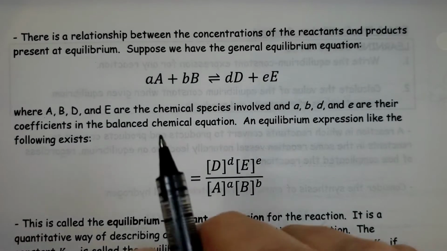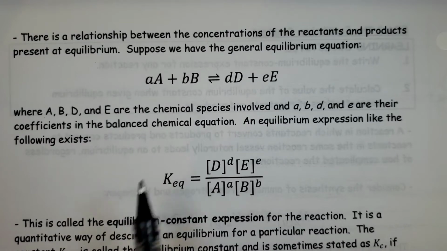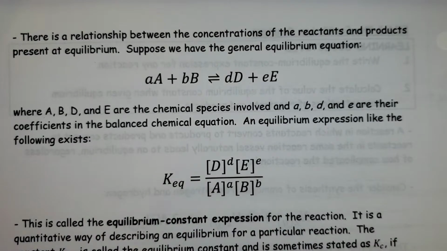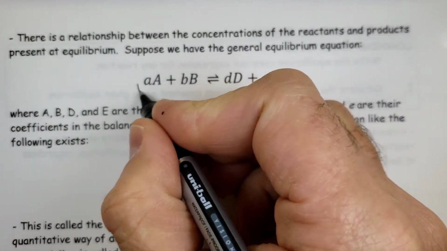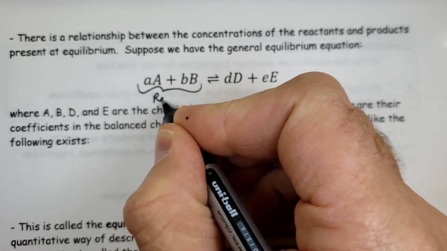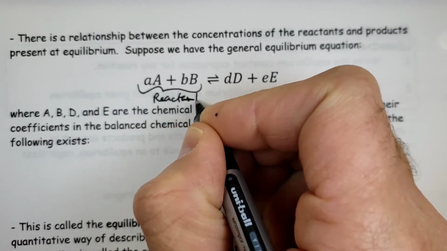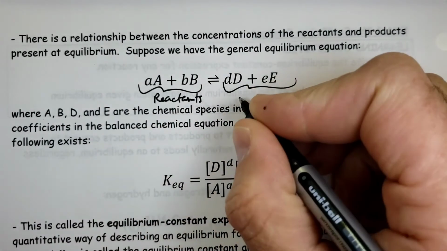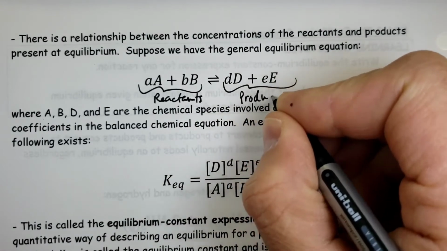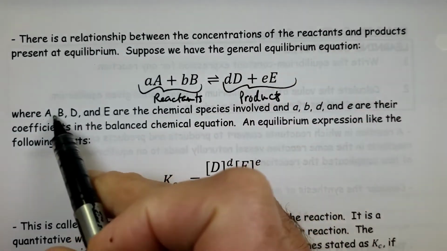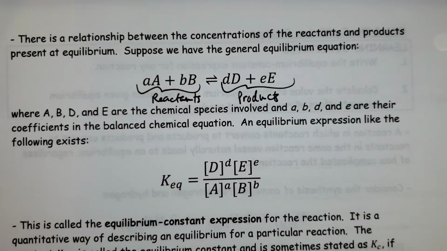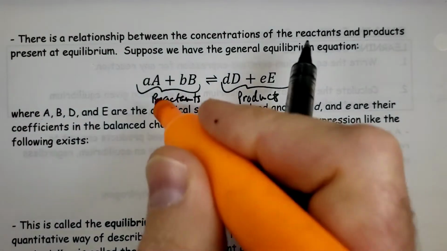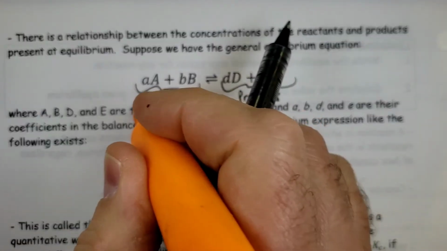If you look at the next page, there's a relationship between the concentration of reactants and products at equilibrium. Suppose we have a general relationship in which we're comparing reactants to products. Big A, big B represent the chemical species, so what type of reactant and product we have.